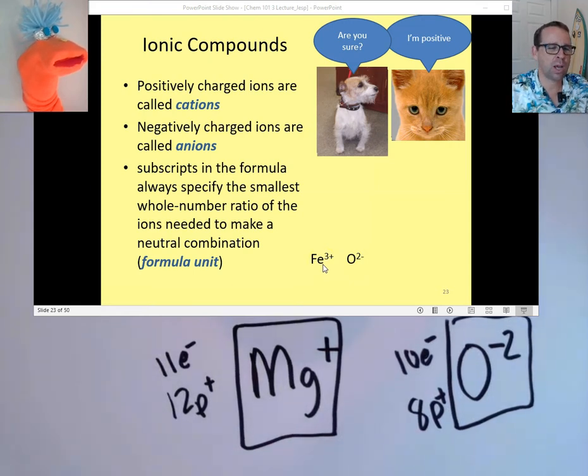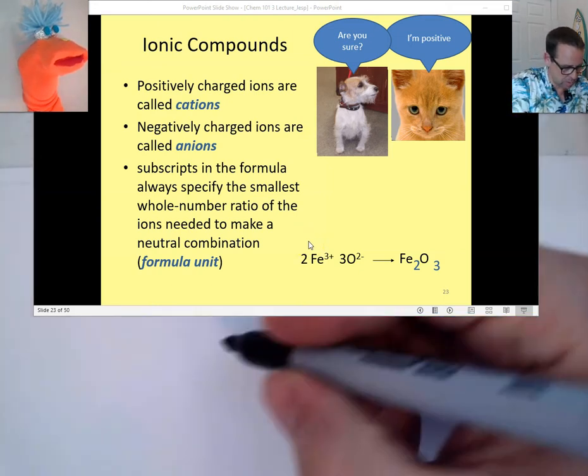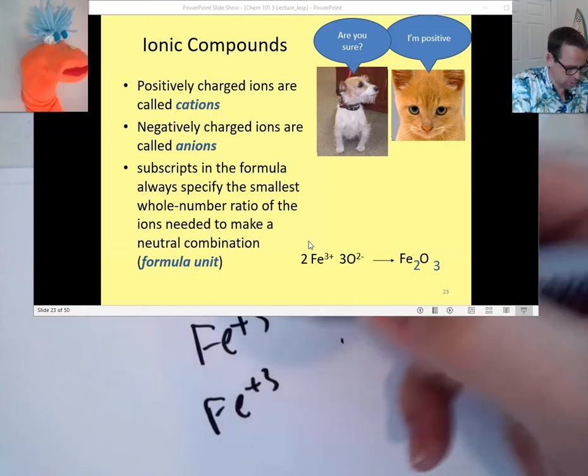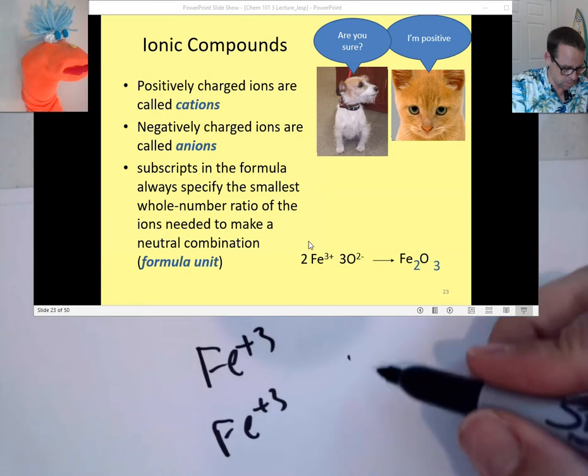Okay? So I have to make sure that these come together in such a way that the number is the same. So here I see that I need 2 of these iron +3 charges. And if I have 2 of the iron +3 charges, that would be Fe +3, Fe +3, a total of 6 electrons that were let go.